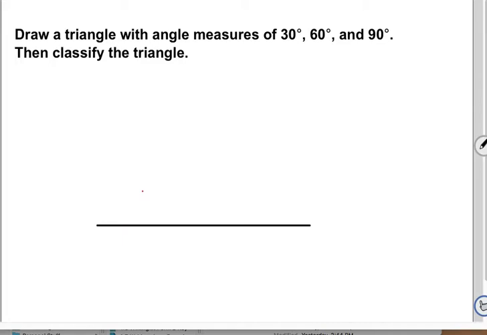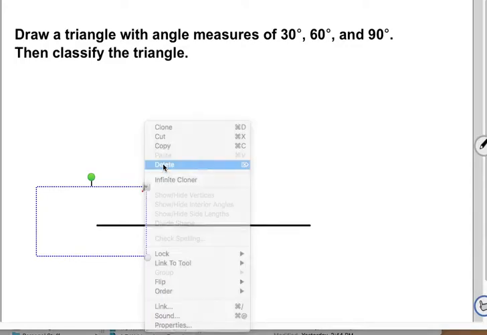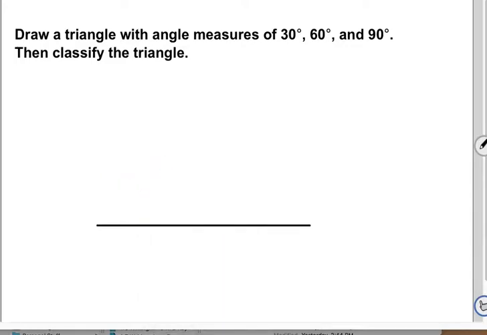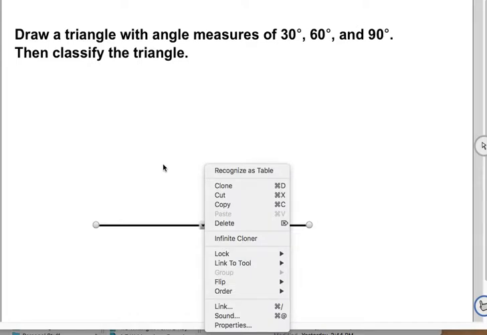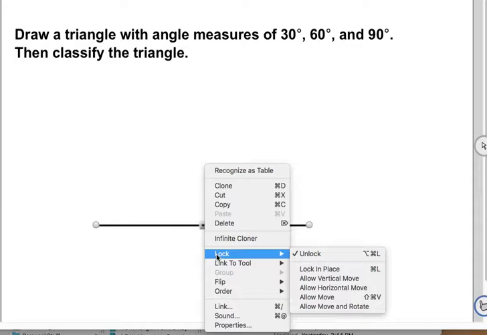You guys are gonna have it drawn before I can get it drawn up here.